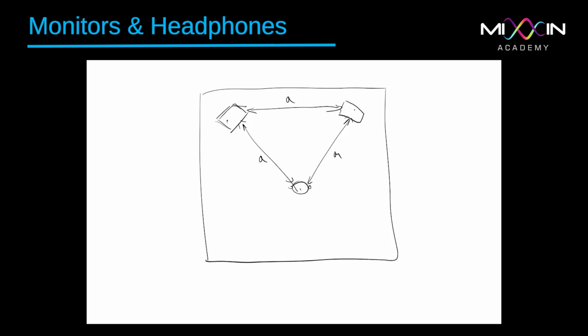Having that said, the height of your speakers should be such that the tweeter, if you know what I'm talking about, the tweeter, the high frequency producing one, this one, should be at the level of your ears, because those are really directional. So in order to hear them properly, those should be pointed directly at your ears.